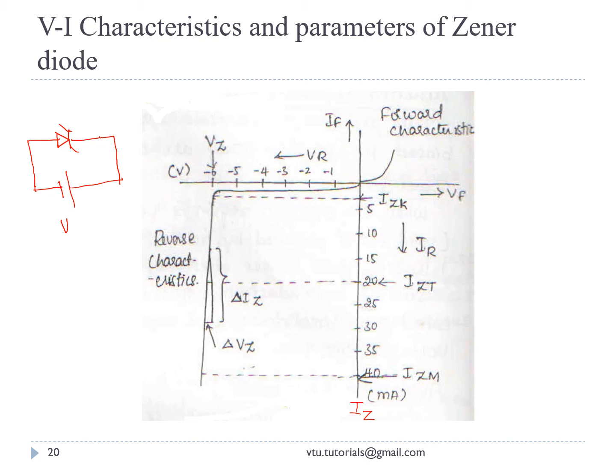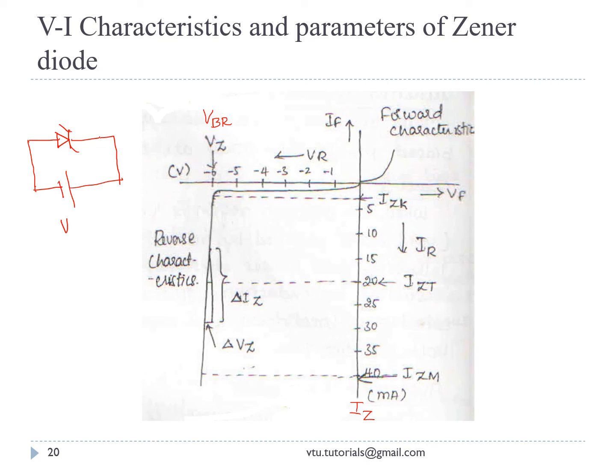After a certain voltage, called the breakdown voltage, at the breakdown voltage there will be junction breakdown resulting in a large amount of current.